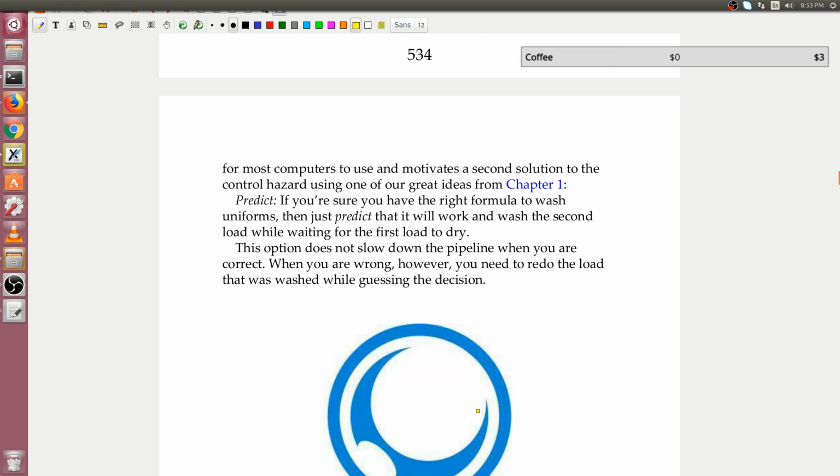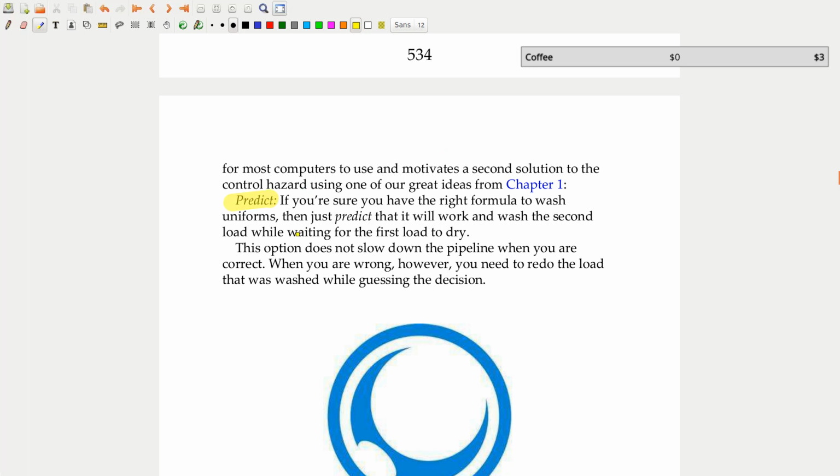So the next thing we could do, and it turns out we can do a really good job at it, is something called branch prediction. So if you're sure you have the right formula to wash uniforms, then just predict it. You can, and it turns out nowadays with our branch predictors that we can get upwards of 90-95% accuracy at predicting branches. We're very good at it now.